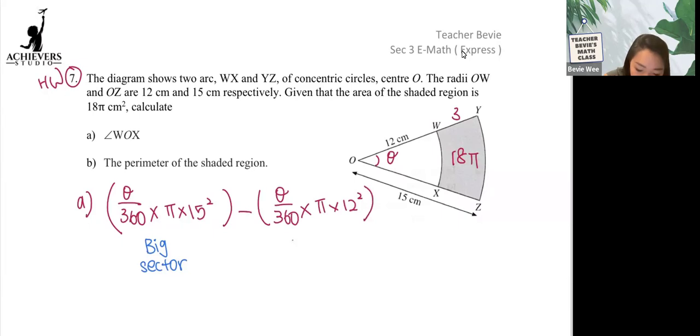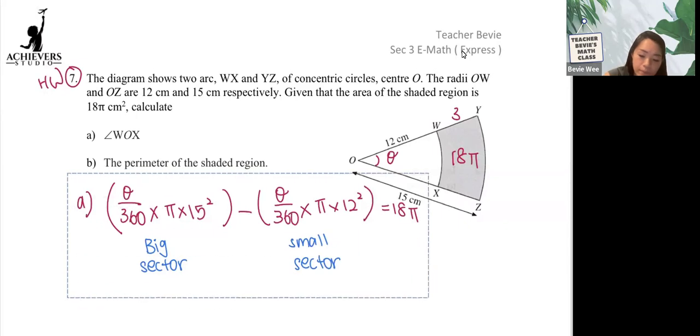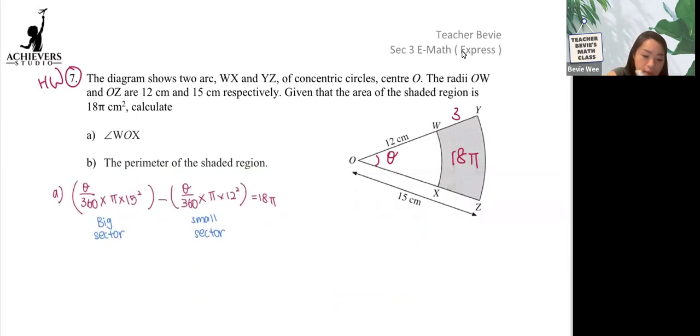This is the small sector, small pizza. And the difference will give me 18 pi. This is your equation form. Can y'all see? How many unknowns do you have in there? You only have one unknown, theta. Correct or not?